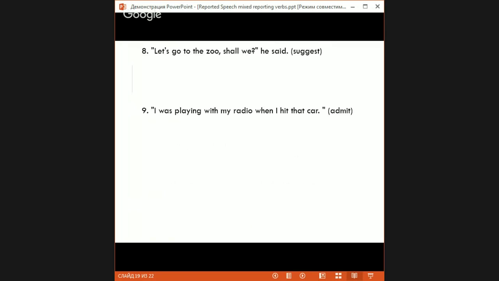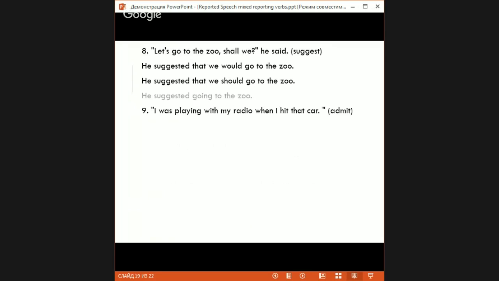Let's go to the zoo, shall we? So he suggested that we would go to the zoo, or he suggested that we should go to the zoo, or he suggested going to the zoo.